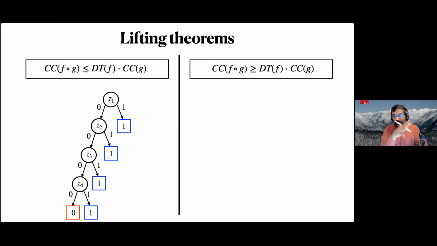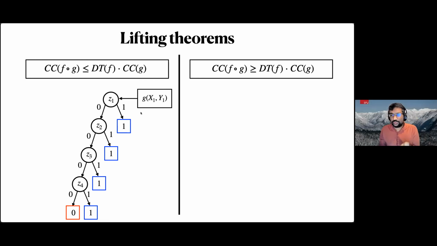So now we can assume that both Alice and Bob have access to this tree, and they can simulate this tree as follows. Whenever the tree queries a variable zi, Alice and Bob use the best protocol for g to solve g on xi, yi. For example, if the tree asks for z1, we just compute g of x1, y1, and this takes communication complexity of g many bits.